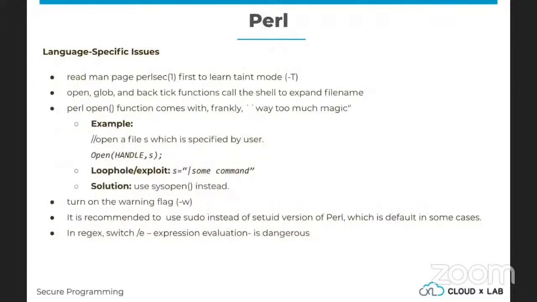All right. Similarly, in Perl, there are many hidden functionalities. If you do not know about those functionalities, they can be bugs. For example, with the open function, if instead of providing the file name you provide a pipe followed by a command, this command gets executed. So be aware of the library functions you use in your code.